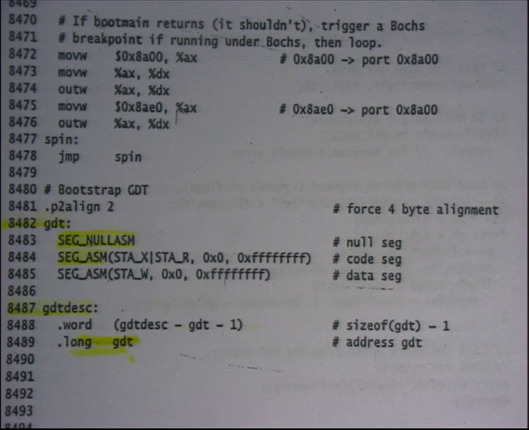dereferenced. The second says SEG_ASM, which is again a macro. STA_X says give execute privileges, X is for execute, and STA_R says give read privileges. So these are basically specifying what flags I want in the GDT descriptor. 0 says what's the base of the descriptor, and this 0xffffffff says what's the limit of the descriptor, right.